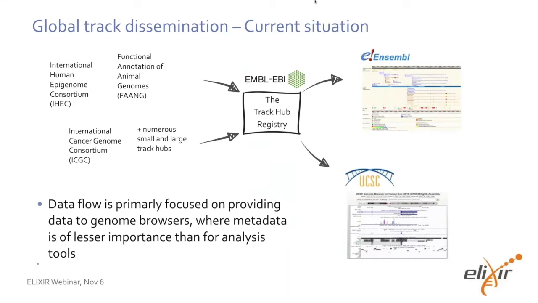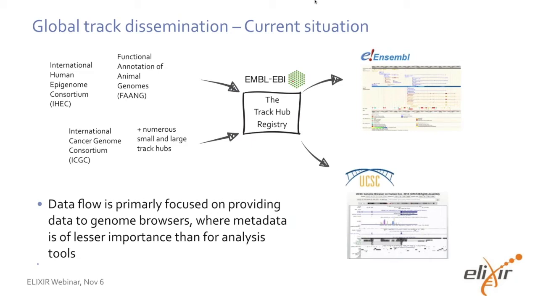A bit about the current situation of how tracks are disseminated. Typically there are different small groups or consortia that generate track data or collect them, for instance the International Human Epigenome Consortium, or IHEC. You have FAANG, which is for animal genomes, the cancer genome projects, and plenty of others.